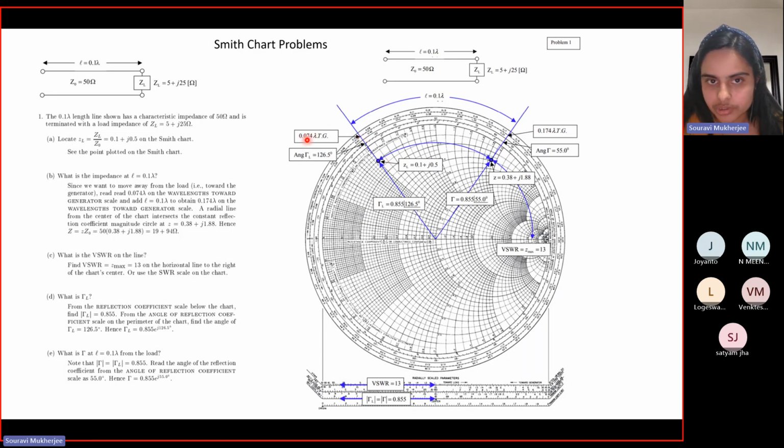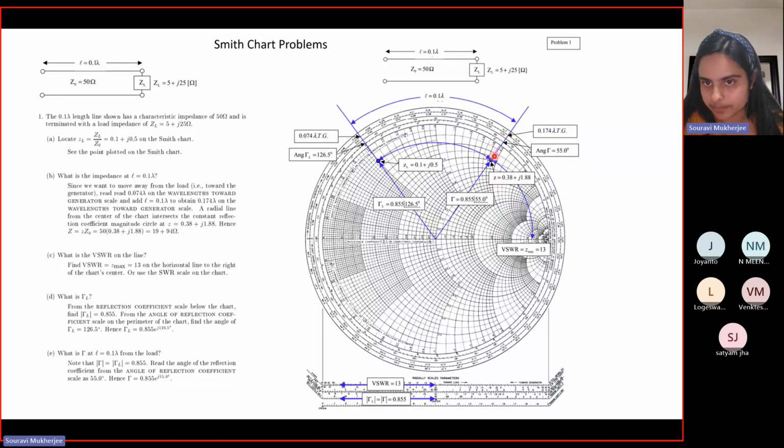So here suppose this is 0.074 on the WTG line. Now you have to move 0.1 lambda distance. Because we are moving from the load towards the generator, we will move clockwise. So if you move clockwise, we would get to this point, right?